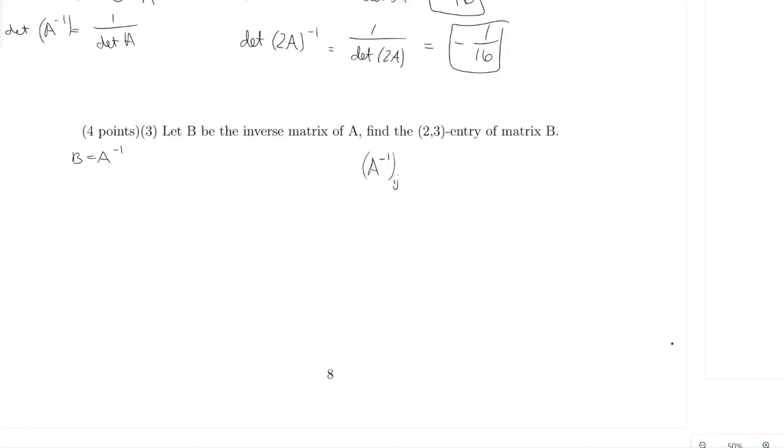The ith row and jth column entry at that location will be equal to 1 over the determinant of A times -1 to the i plus j times the determinant of A_ji. This matrix is important to remember. It is the matrix that you get when you delete the jth row and ith column.